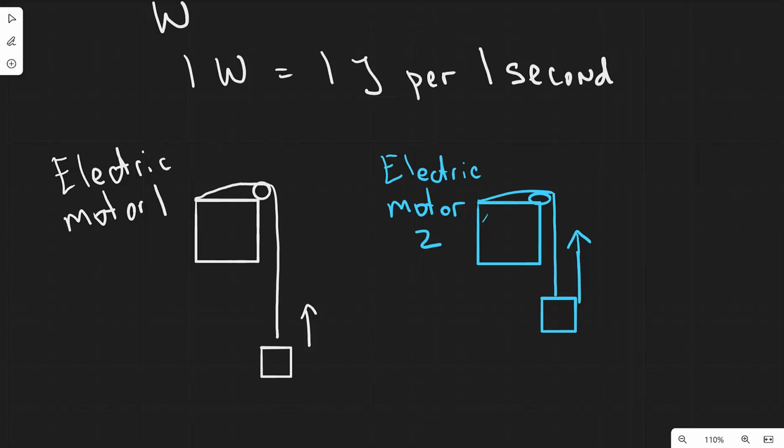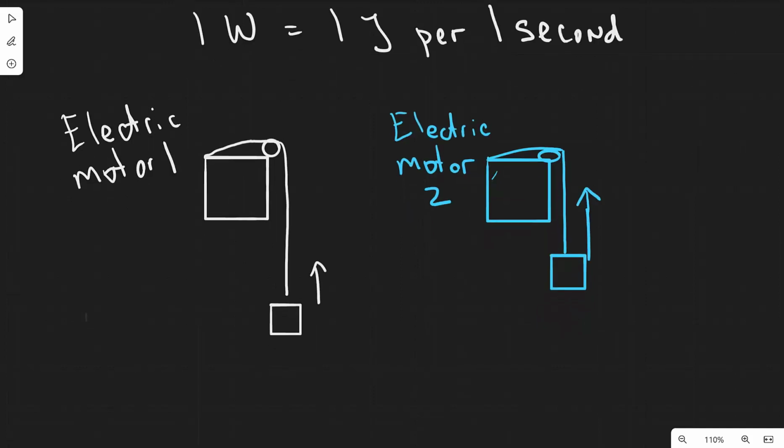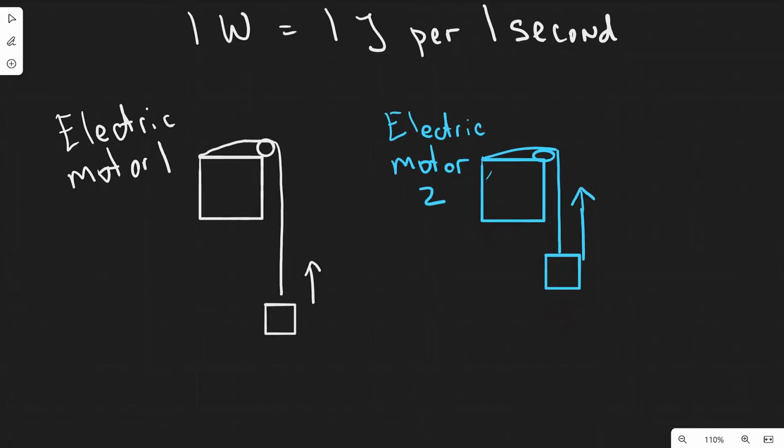We can typically demonstrate the definition of power using the following example. Imagine that we have a couple of electric motors. So this here is once again my professional drawing. We have electric motor 1 and also we have electric motor 2. If electric motor 2 is bringing up this weight at a higher speed, this means that it's applying more power, it's transferring more joules per second into lifting the weight.